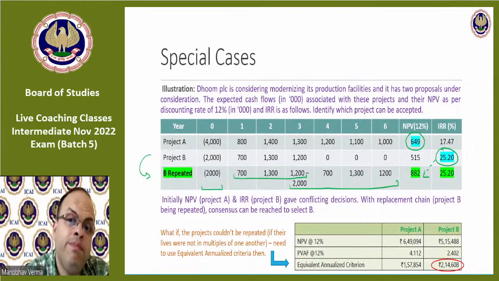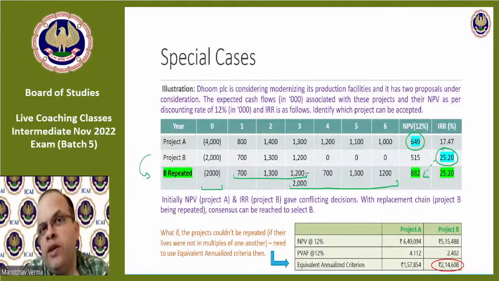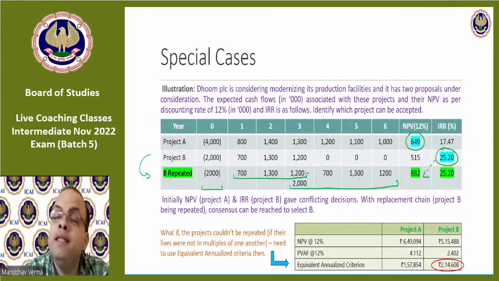You were selecting Project B based on IRR. But if we consider that Project B can be repeated twice, or probably we can say that a similar project like Project B is also available after 3 years, then we see that both as per NPV and IRR, Project B is selected, guys.